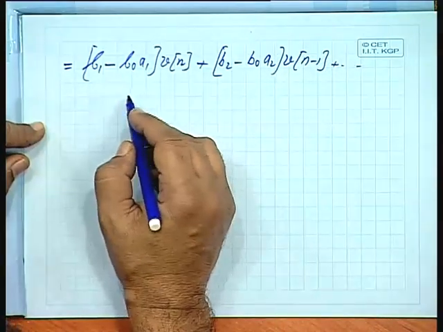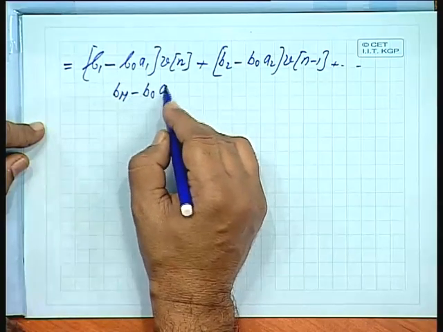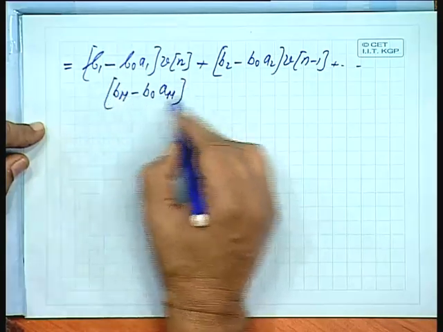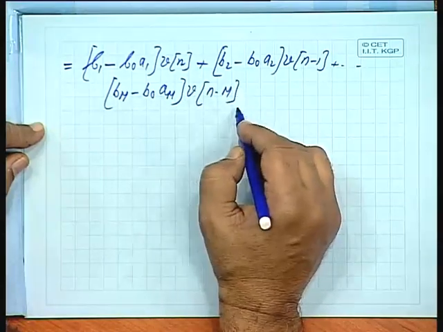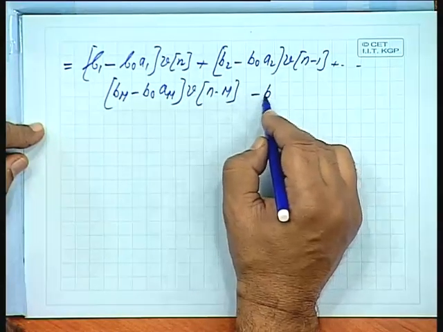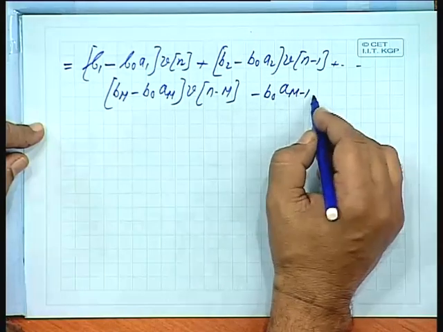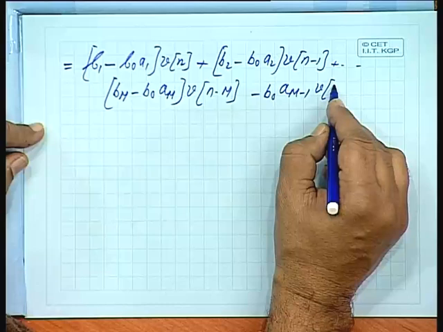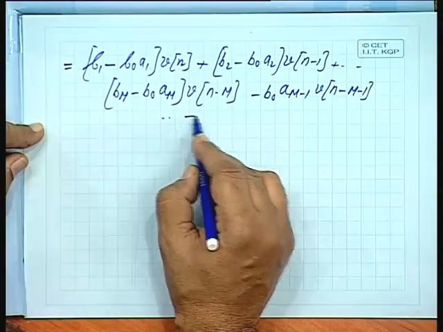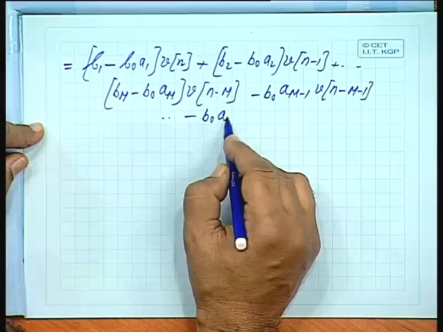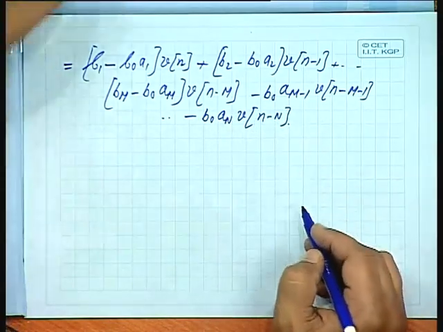You can write bm minus b0 am into Vn minus m, minus b0 a m plus 1 Vn minus m minus 1 and so on up to minus b0 an Vn minus n.